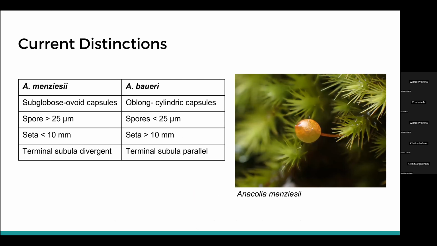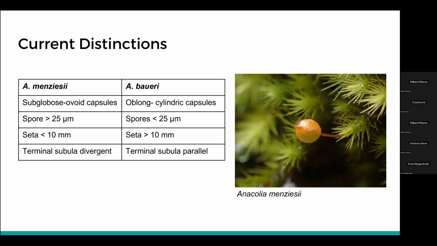So here are the current distinctions between the two species or varieties, however you want to feel. So Menziesii has these round subglobose to ovoid capsules, as you can see in this image here. And Boweri has more cylindric oblong capsules. So this is certainly the best feature, the capsules.